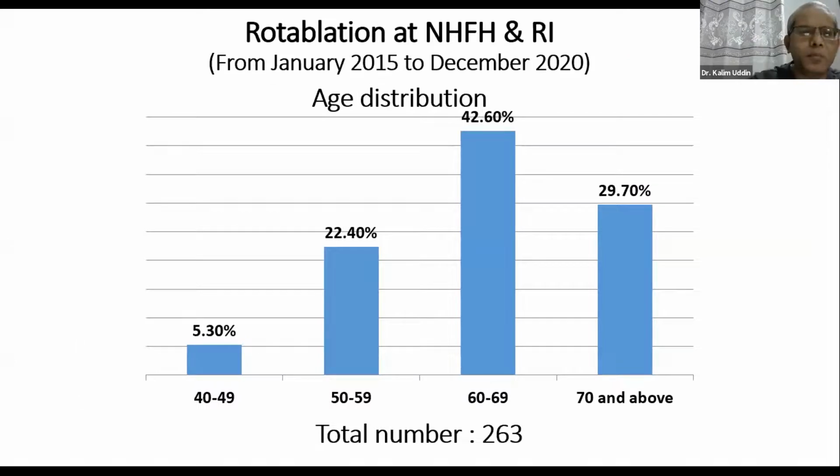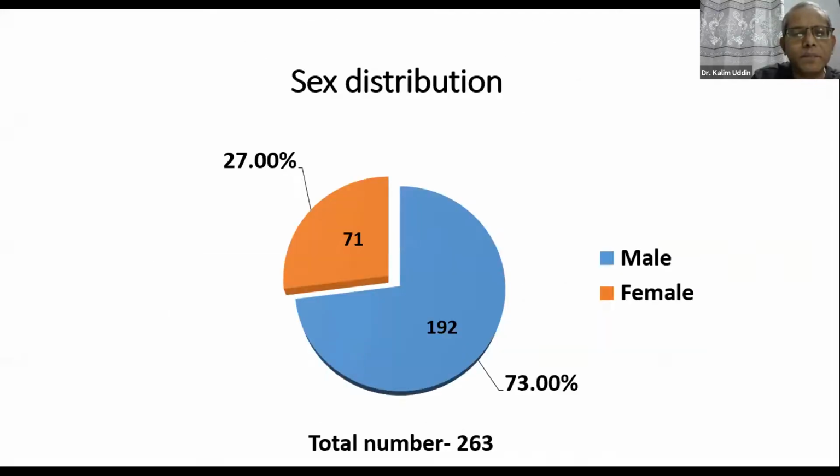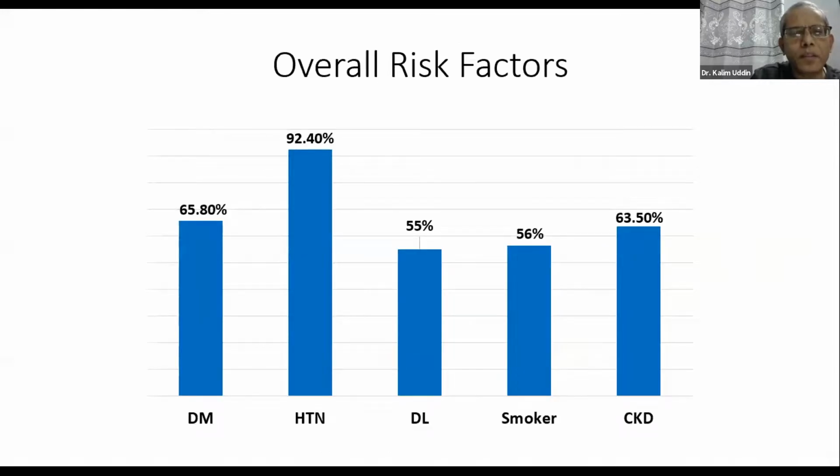Now, the scenario of rotablation in our hospital from January 2015 to December 2020. A total of 263 patients underwent rotablation in this period. Most of the patients were above 60 years, and 73% were male. Hypertension was the most common risk factor, followed by diabetes and smoking, and 63% of patients had chronic kidney disease.